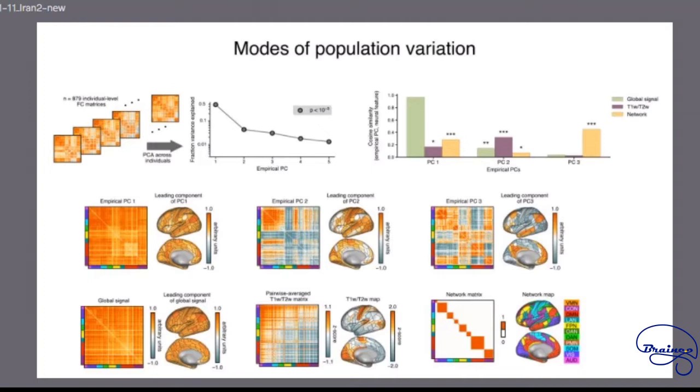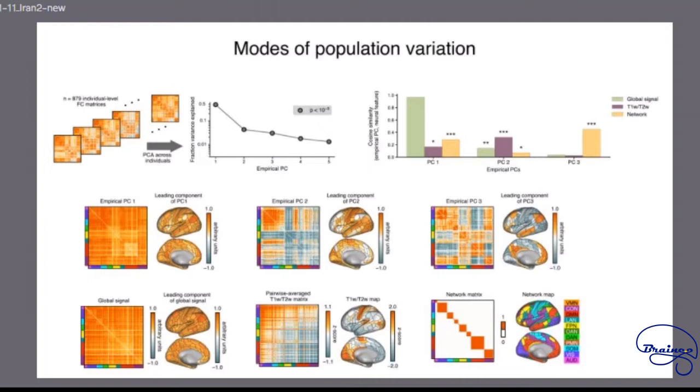The second component actually ends up looking like hierarchy. It looks like this T1, T2 map. So we can interpret the second mode as reflecting hierarchical differences, sensory dissociation differences. And then the third principal component, the third most important one, looks like this block diagonal structure, like functional networks.